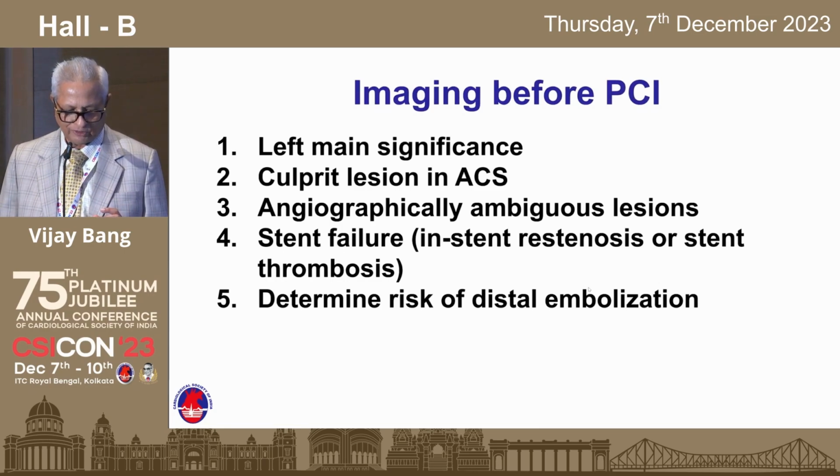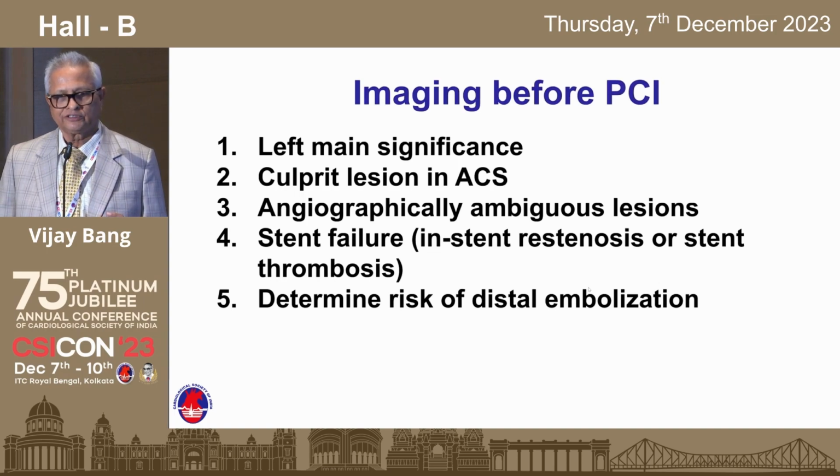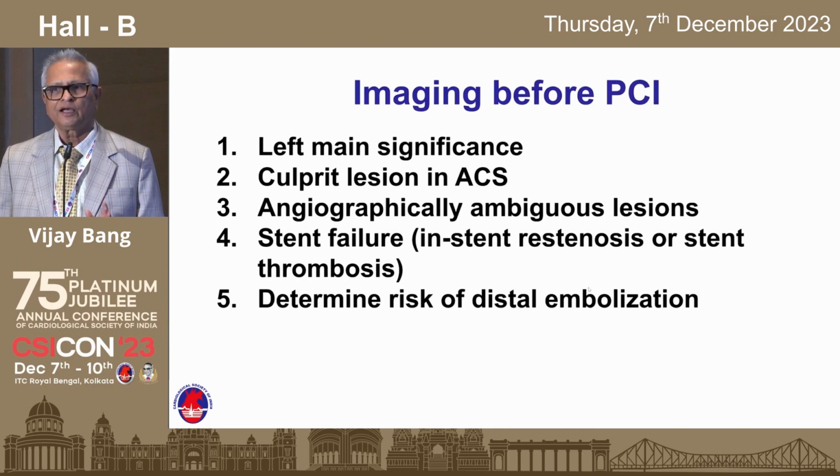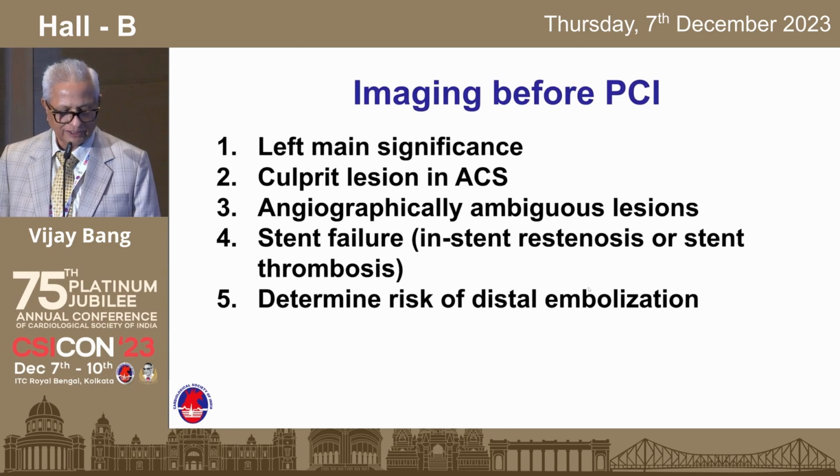For an angiographically ambiguous lesion, especially in the left circumflex, we need to know if it is critical or not. If it is not critical, only a provisional stent is good enough. But if it is critical and significant, then of course we have to plan the two-stent strategy right up front. That also determines the risk of distal embolization.